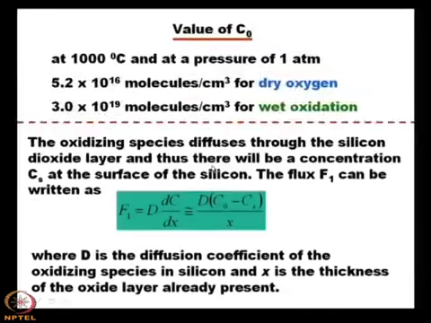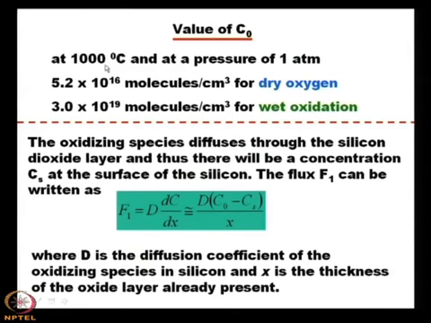The value of C0 for dry oxygen is 5.2 times 10 to the power 16 molecules per centimeter cube, and for wet oxidation its value is higher, 3 times 10 to the power 19 molecules per centimeter cube. It is at 1000 degrees centigrade and at a pressure of 1 atmosphere.